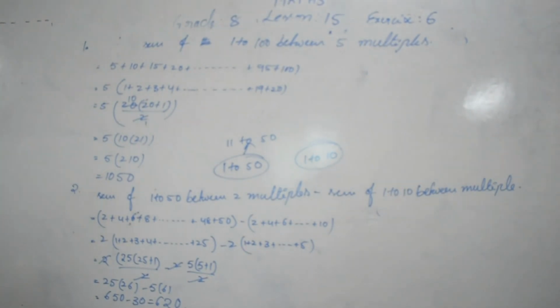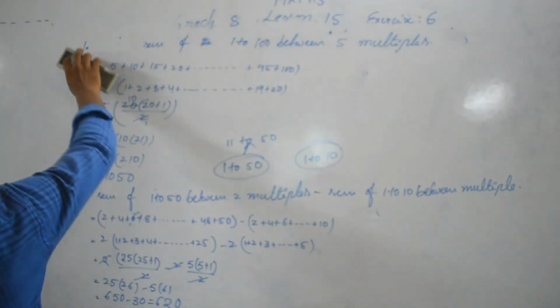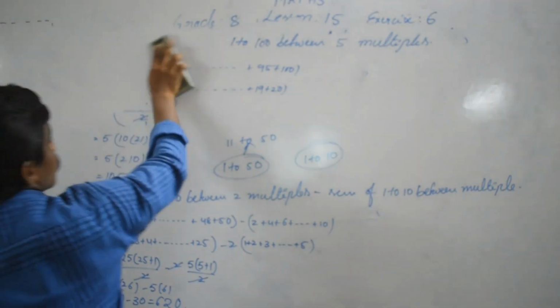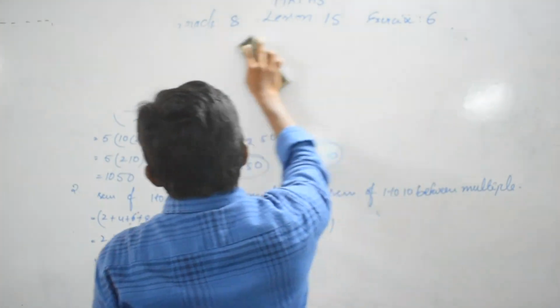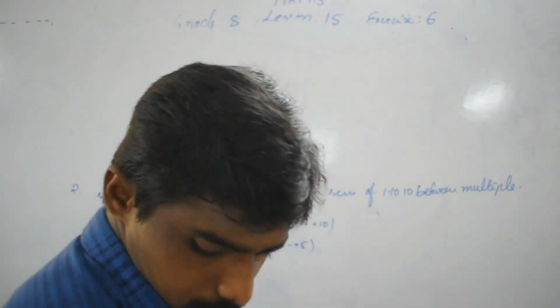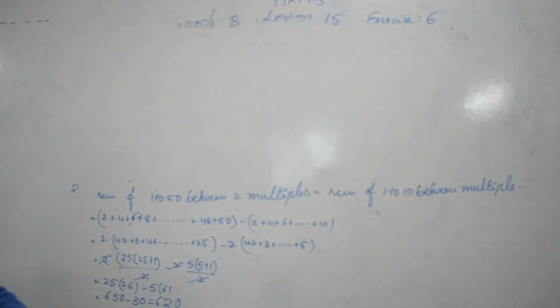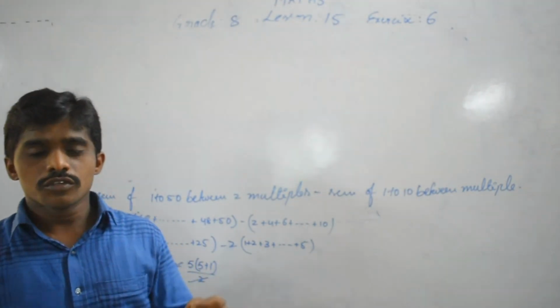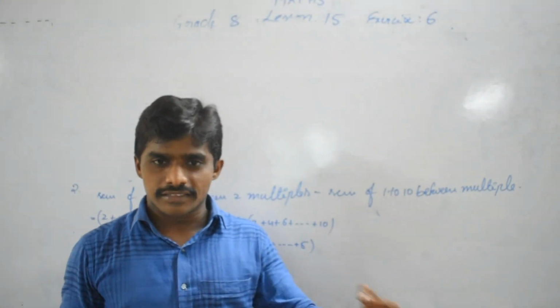Next one, find the sum of the integers which are divisible by 2 and 3. Here, see, it is asking for the sum of the integers which are divisible by 2 and 3.